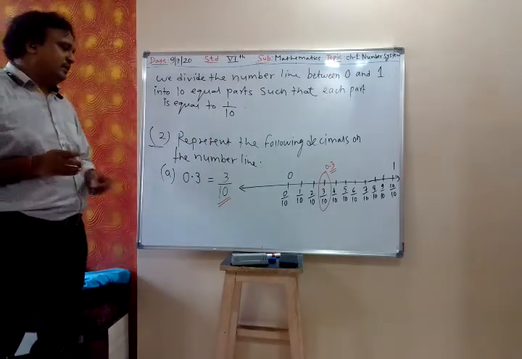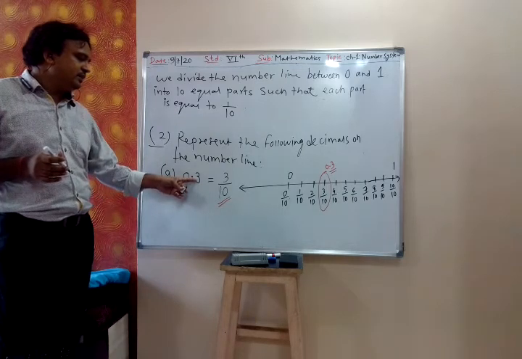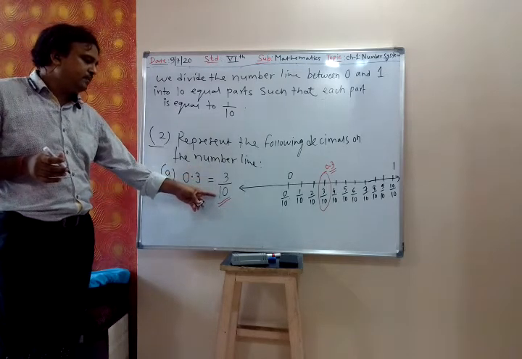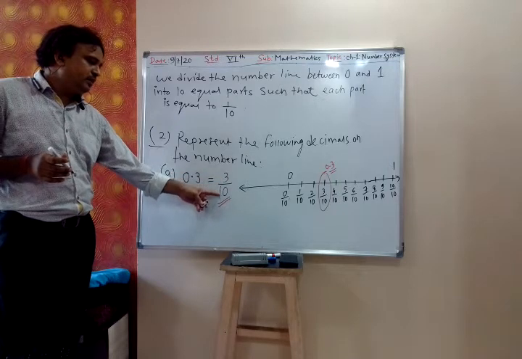So 0.3: after the decimal there is one digit. So this I can write as 3 upon 10.